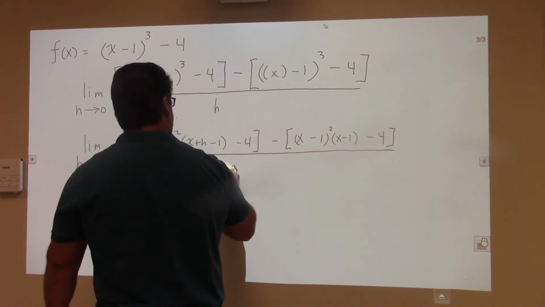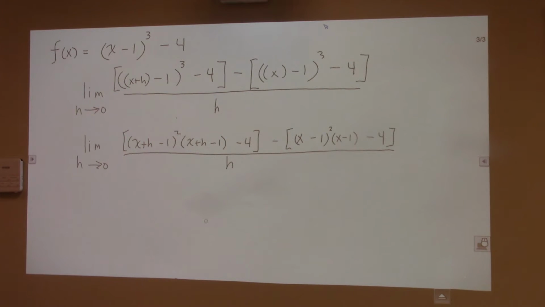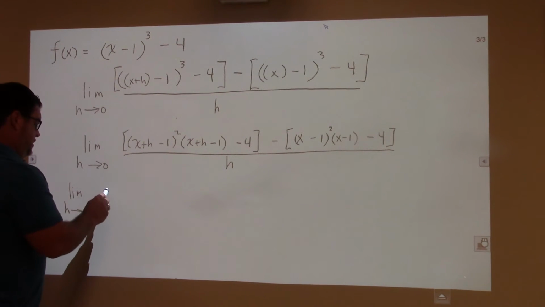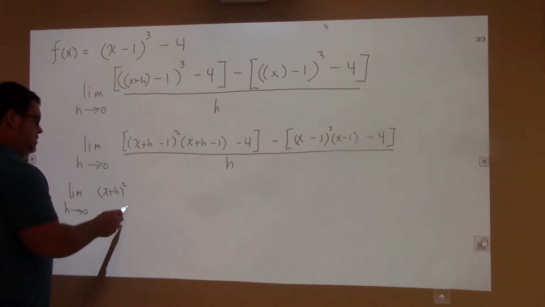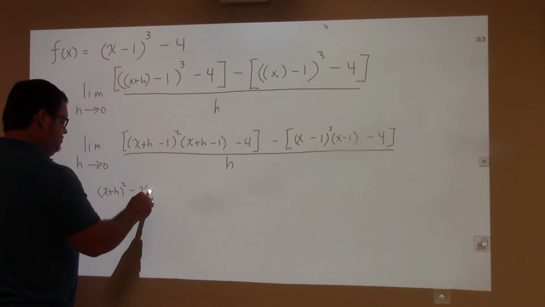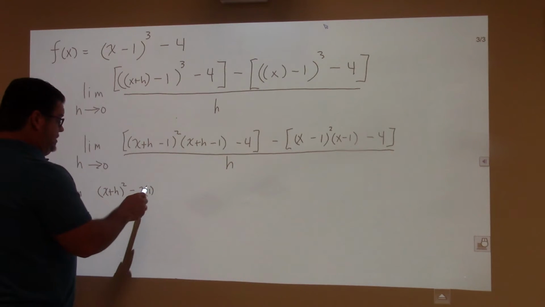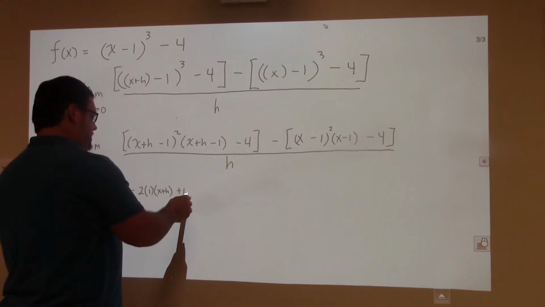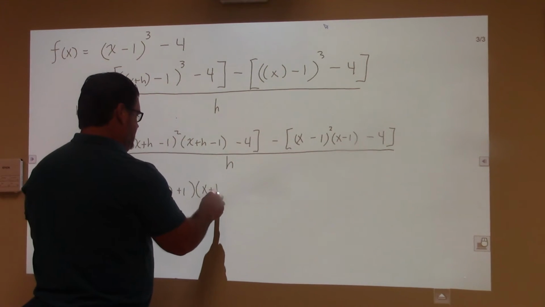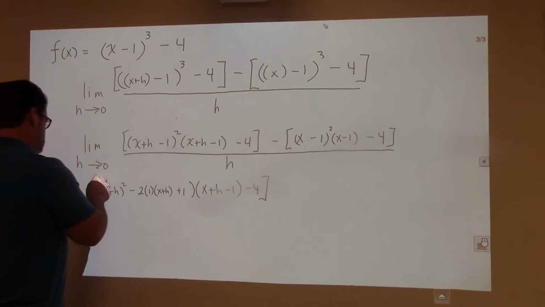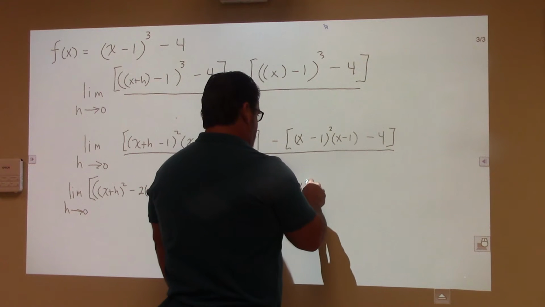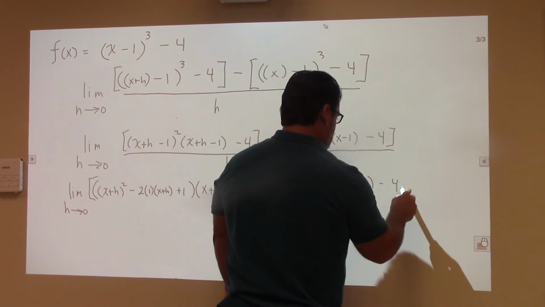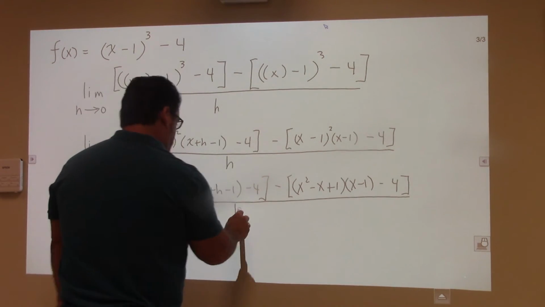Everybody with me? The limit as h approaches 0 of x plus h quantity squared minus 2 times 1 times x plus h plus 1 squared is 1, times x plus h minus 1, minus 4, minus x squared minus x plus 1 times x minus 1 minus 4, over h.